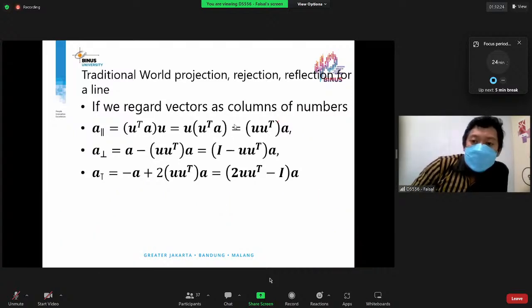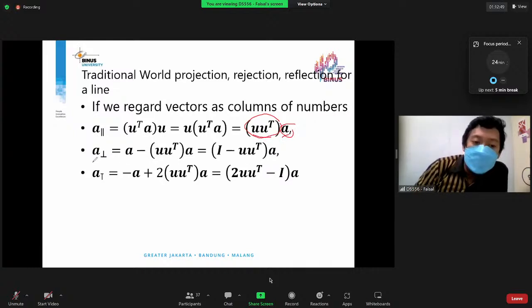Okay, so these three transformations, the projection, the rejection, and the reflection, are a matrix times the vectors. We multiply a matrix with the vectors.